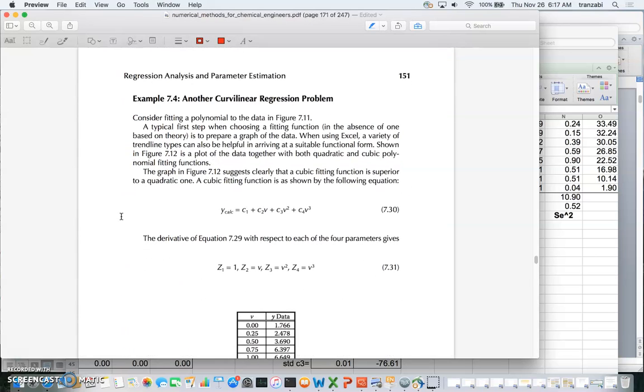So here's example 7.4. We start with the cubic model, and we're going to test which of these is necessary and which is not necessary. Then we're going to drop the ones that are not necessary. This way, we can keep just those terms that are significant. Okay? So stay tuned for the next video on how we can make the model better by dropping unnecessary terms.